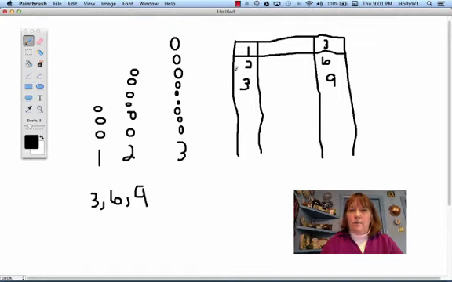Okay, so how do we get there? If we take the term number and multiply it by 3, we end up with 3. So if we multiply 2 times 3, we get 6, and if you multiply 3 times 3, you get 9.